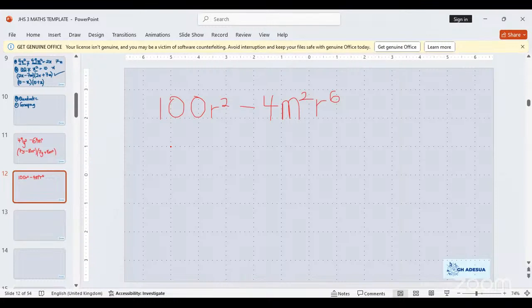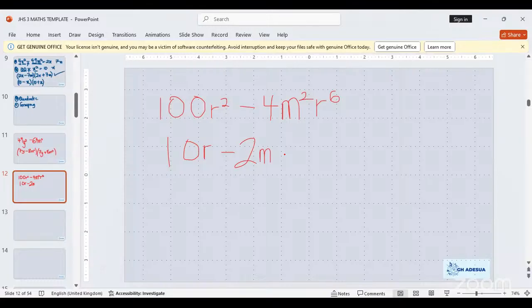So the root of 100 is 10, and the root of r squared is r, minus the root of 4 is 2, and the root of m squared is m. And the root of r to the power 6 is r to the power 3, because root is also to the power half.